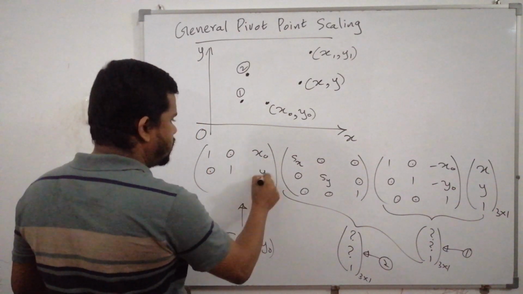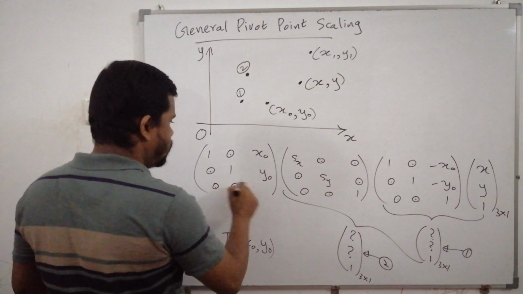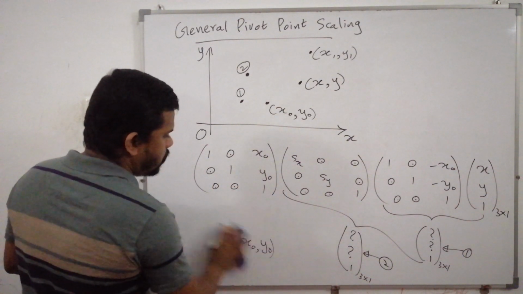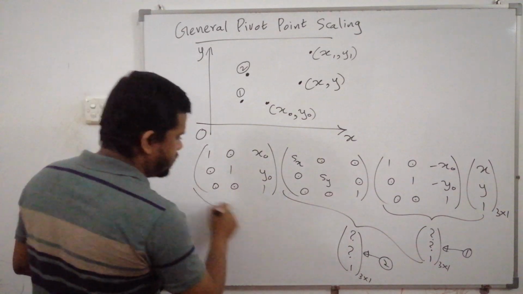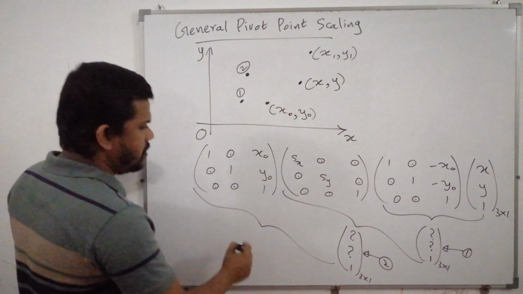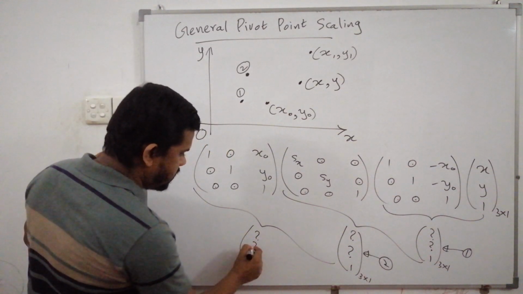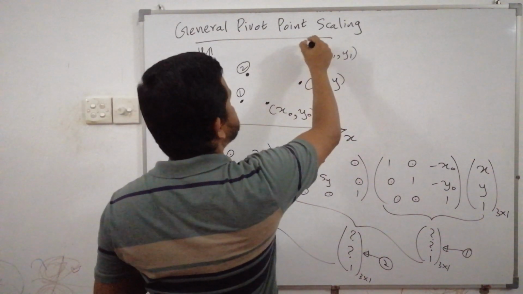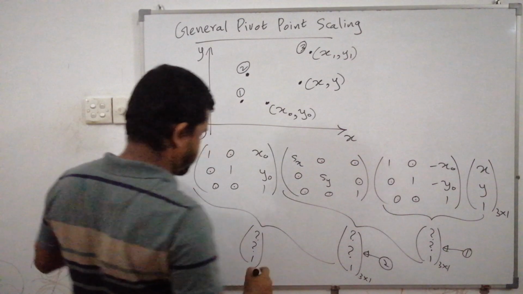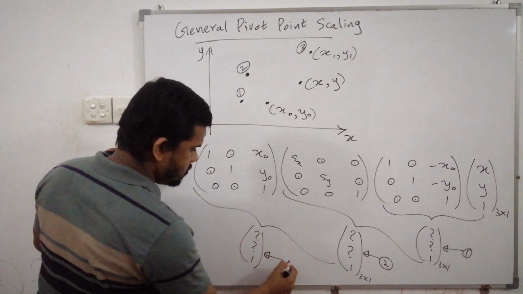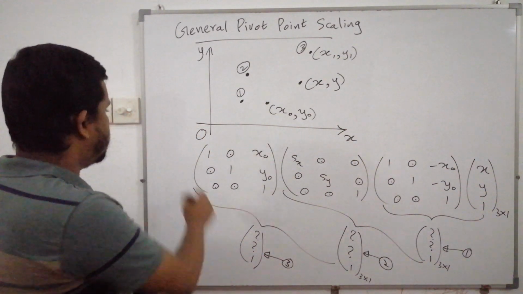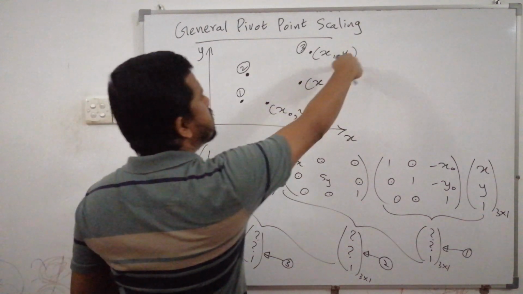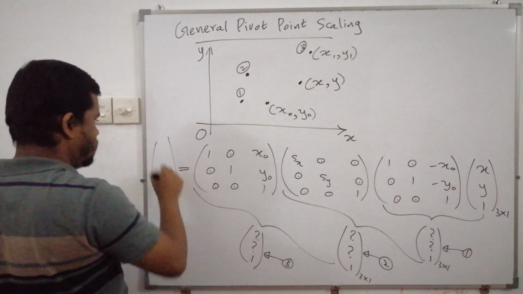After that we will get a matrix that represents position 3. So this will give us the x1 y1 point.